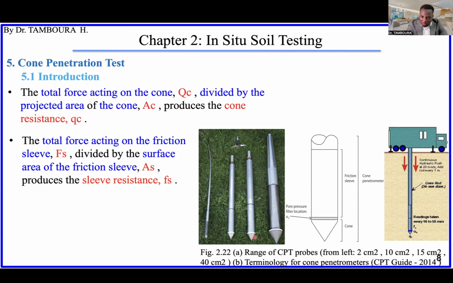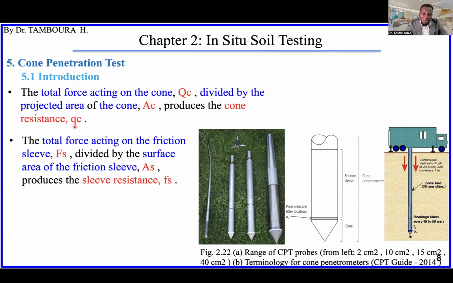you can see here there are different areas, right? So we project the area, and we get Ac, the projected area of the cone. Force divided by area gives us pressure, right? So if we do that, we can obtain the cone resistance, qc.